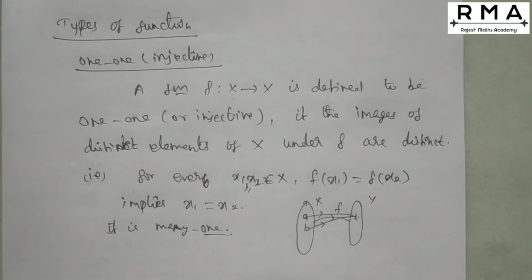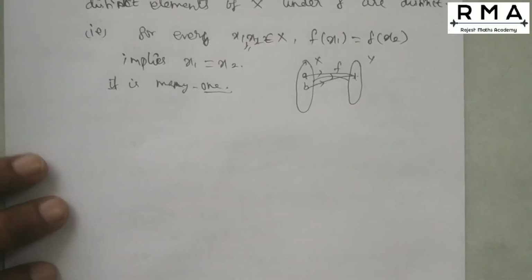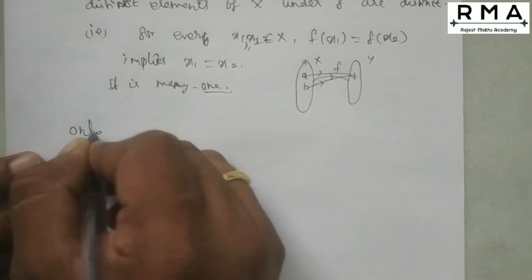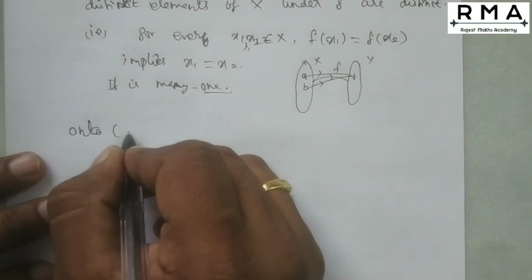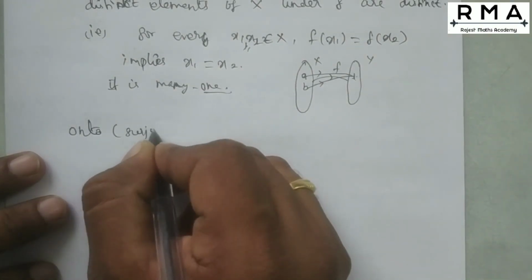So now we will see what is onto, another type of function. What is an onto function? See the definition of onto. Another name for onto is surjective.